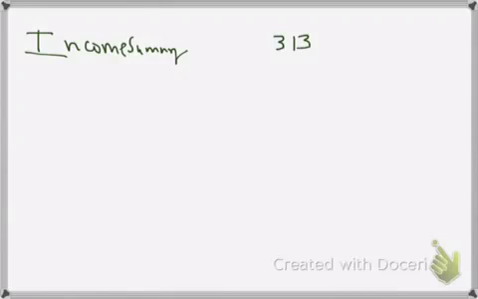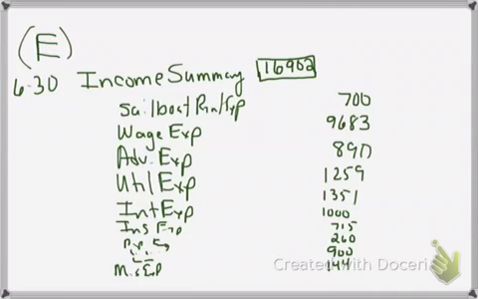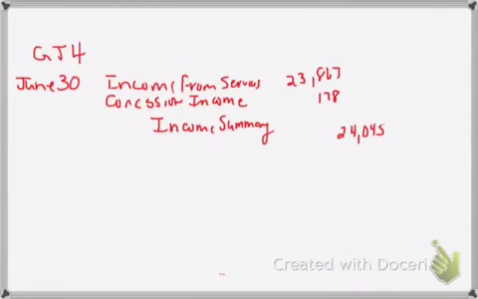And so what I need to look at is what was actually posted to these accounts. Well, the first thing that I had posted to this account was this right here, where it was income summary for $24,045.